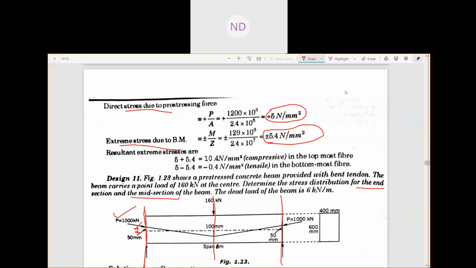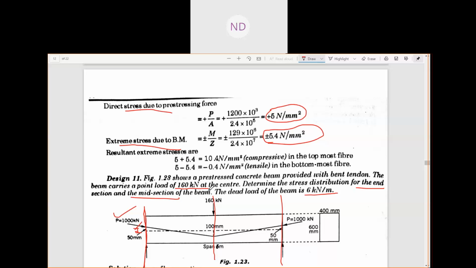Then you have the stress due to loads. The point load is given to you here, and the dead load, that is the UDL, is also given: 6 kilonewton per meter, and the point load is 160 kilonewton. So there will be a moment due to the loads, and obviously stress due to that moment.